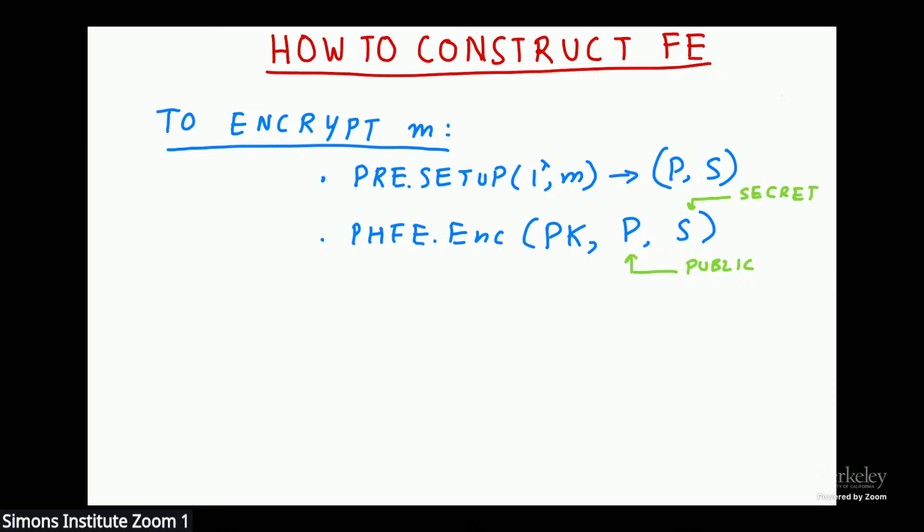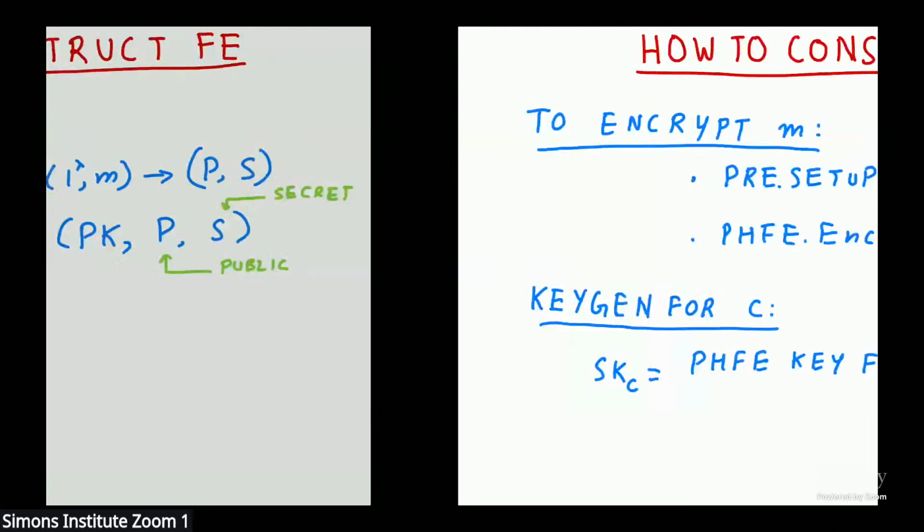So I compute a PPE, a pseudo-random preprocessed randomized encoding of this message, and I get this P and S. This part is sublinear time because PPE is sublinear time. Then I just encrypt this P and S. P is public because PHFE only hides the secret part of the input. It doesn't do anything with the public part, but the public part is kosher in the sense that it doesn't leak anything.